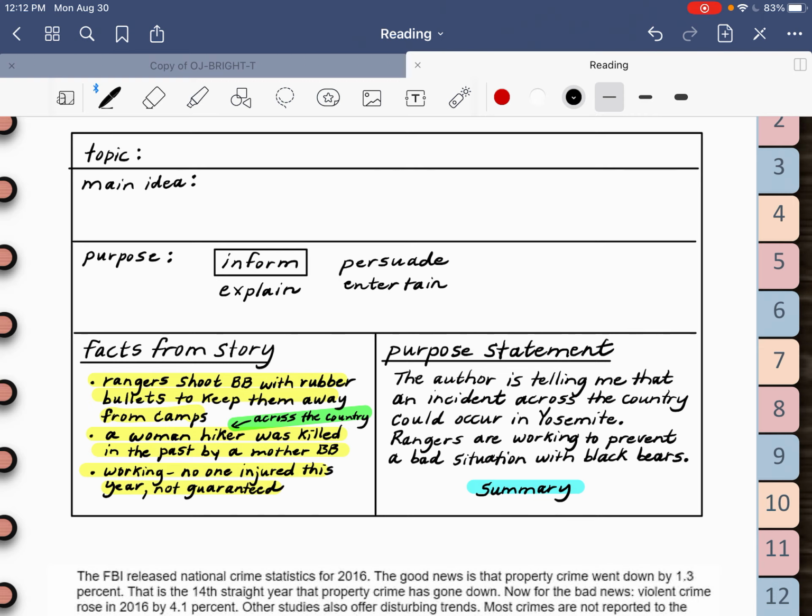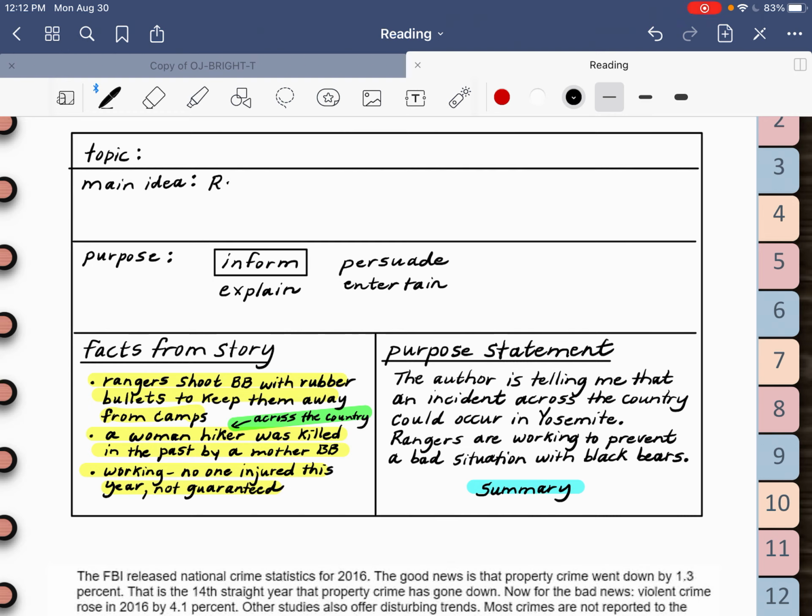So I need to determine who or what this passage is about. Now I could make an argument that this is about rangers. I could also make an argument that it's about black bears. So I'm going to combine those two.